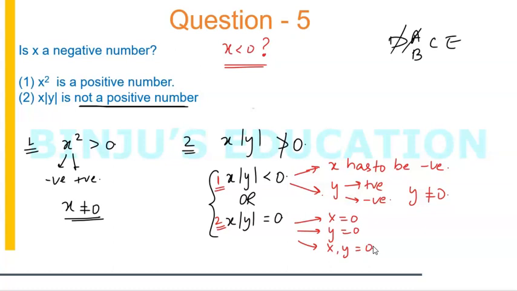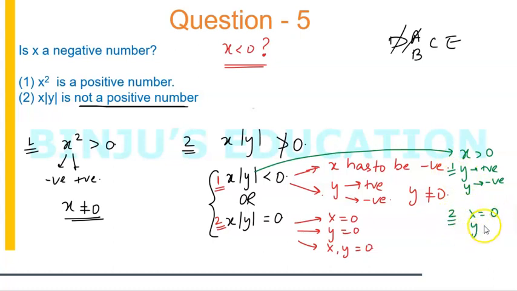Okay. Now, before we actually move on with this question, I have a question here, and let me know the answer in the comment box. Let's say for some condition, from statement 1, we would have got the conclusion that x is positive, y can be positive, y can be negative. And from statement 2, we got exactly the same conclusion, that either x is 0 or y is 0, or both of them are 0.